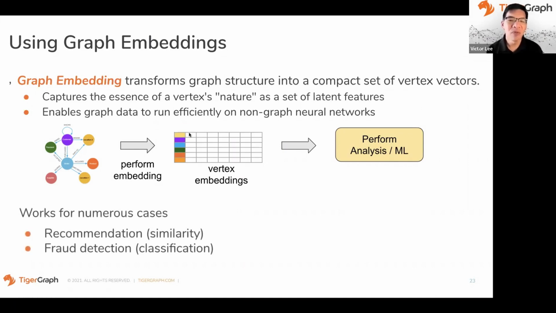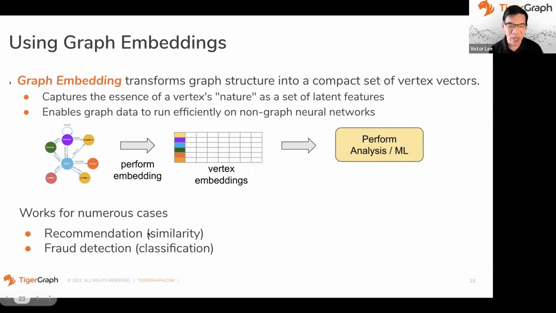And the characteristic of these embeddings is that if two vertices are structurally similar because they connect to similar things in the same quantity and with the same similar types of paths to the same type of things, then they will have similar vectors. You can use simple algorithms that compute the similarity between two vectors, like cosine similarity, and you can make recommendations.